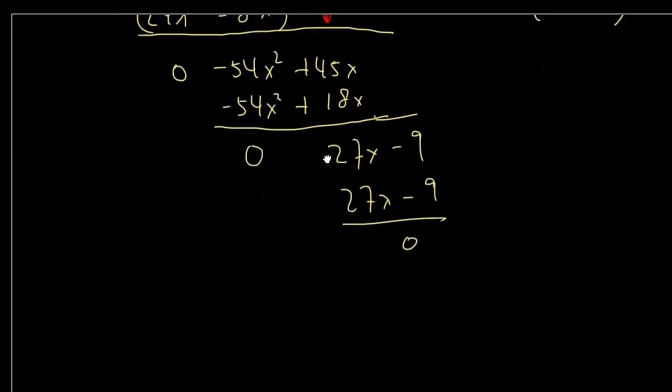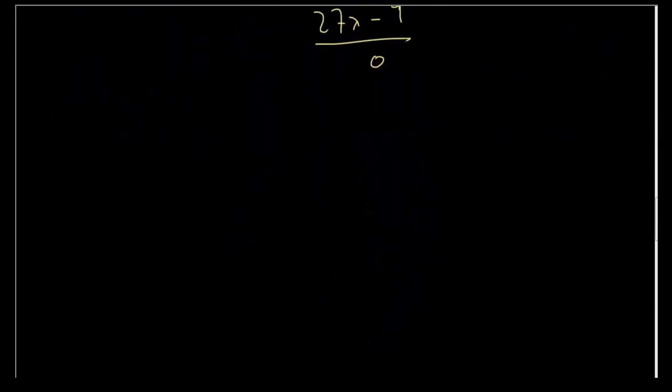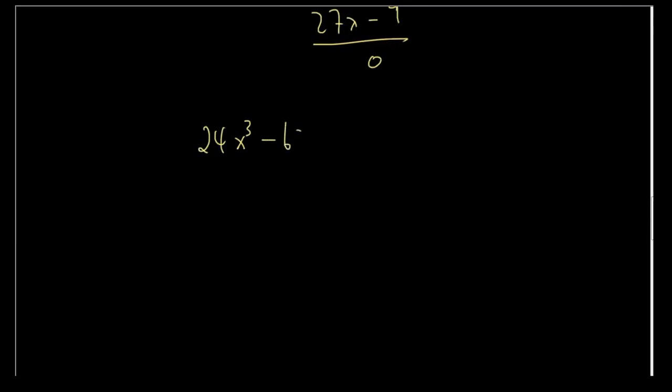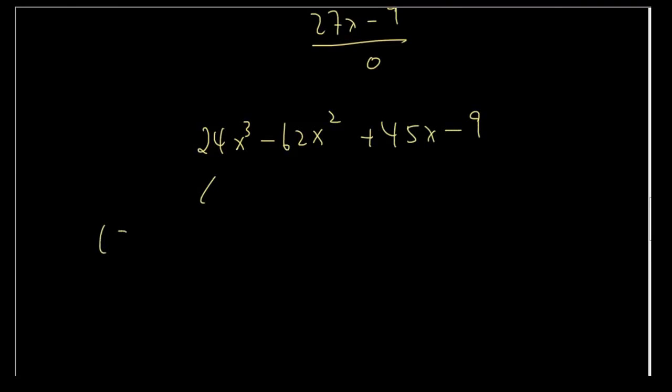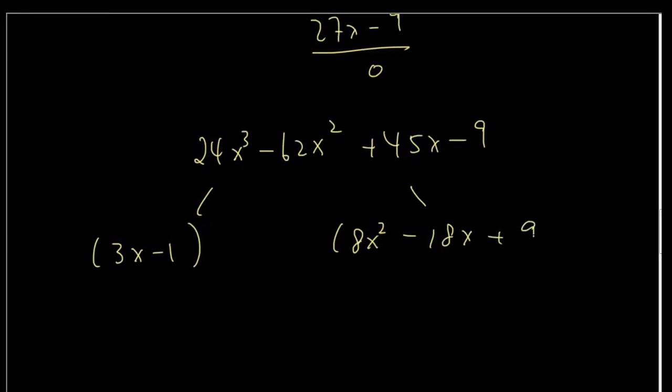Okay, so essentially what I've done here is, here's my original formula: 24x cubed minus 62x squared plus 45x minus 9. So basically I split that into 3x minus 1 and 8x squared minus 18x plus 9.